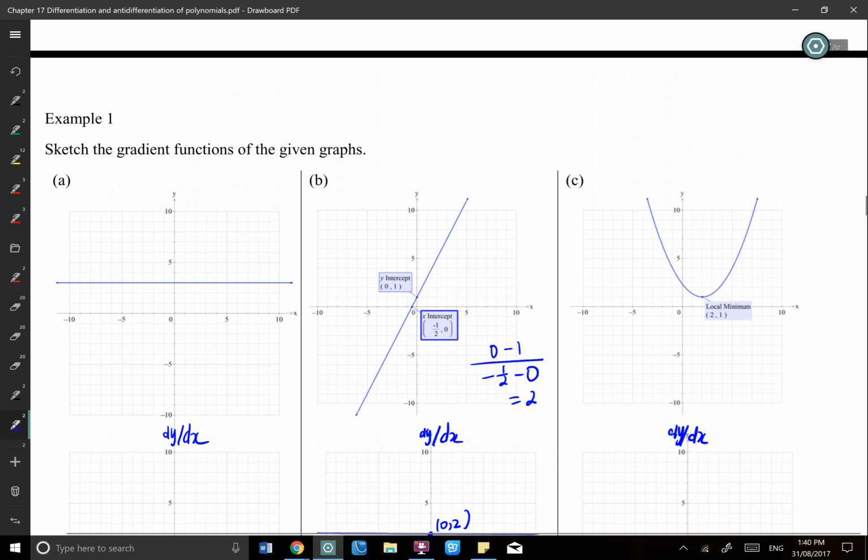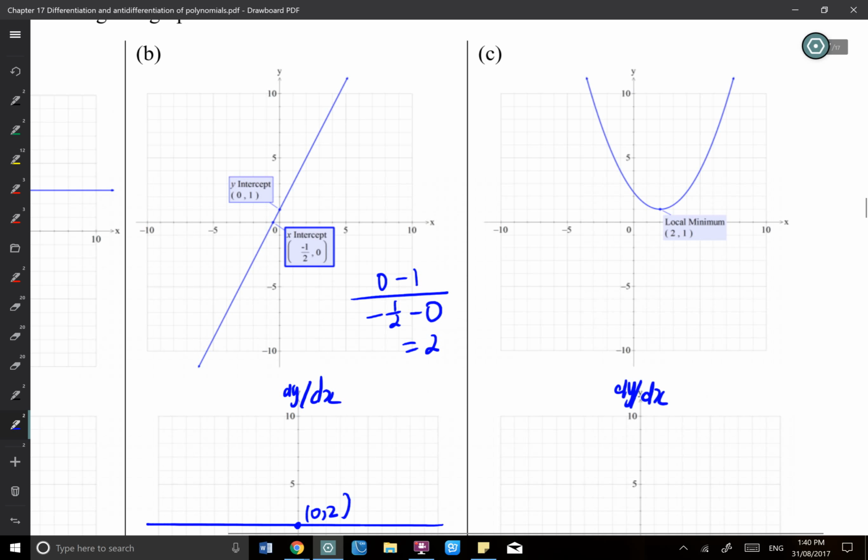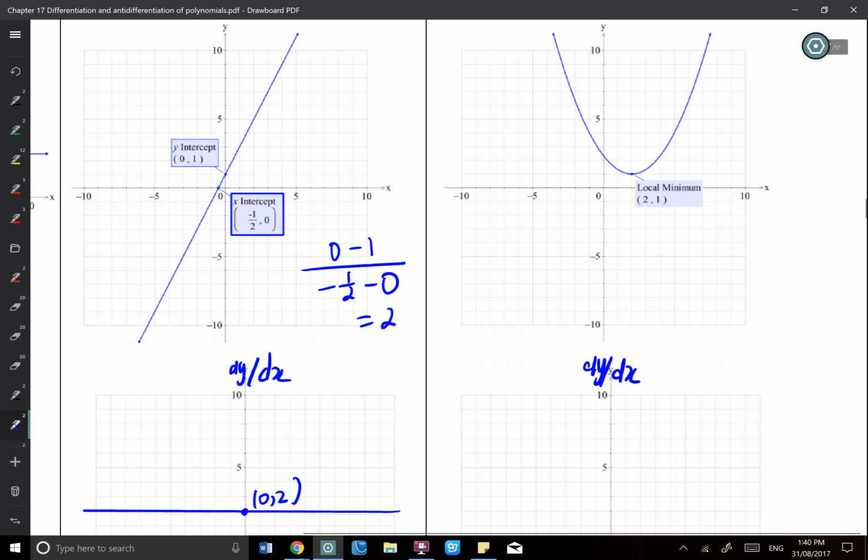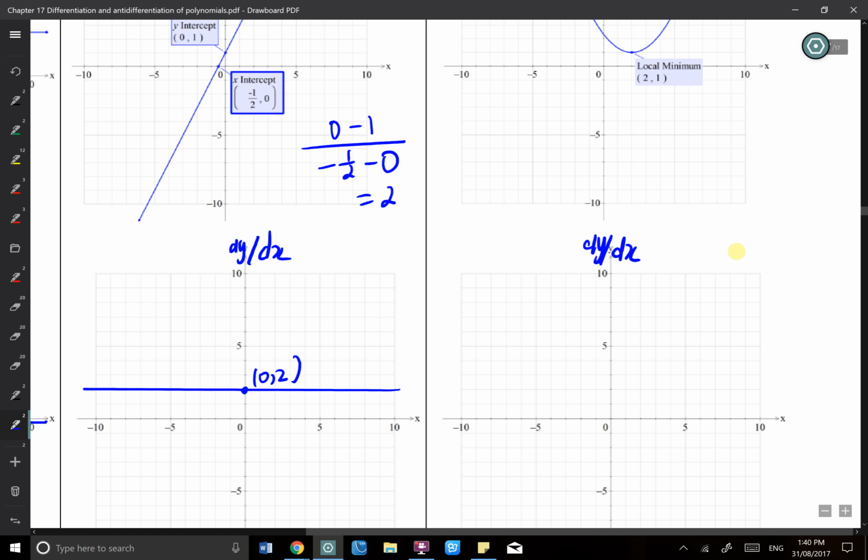Okay, next one. What graph is that? Quadratic. What does the derivative look like? Linear. First, let's find the x-intercept. Where is the x-intercept? 2, right? The turning point is at 2.